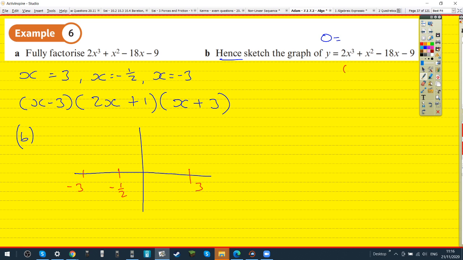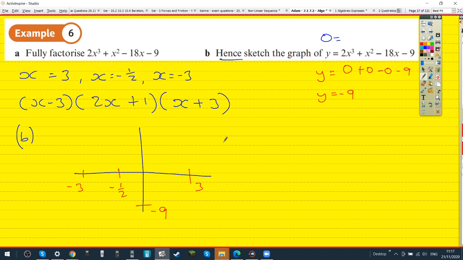You'd get 0 plus 0 minus 0 minus 9. So you'd get minus 9. Yeah, so y equals minus 9. So when x is 0, y is minus 9. That's going to be down there. And when y is 0, x is 3 or minus a half.